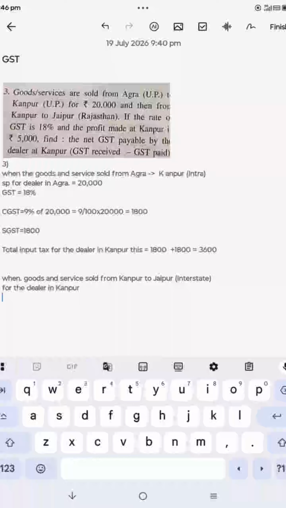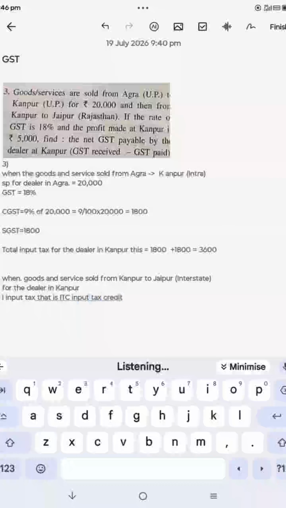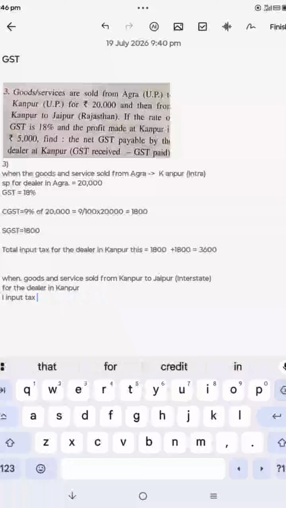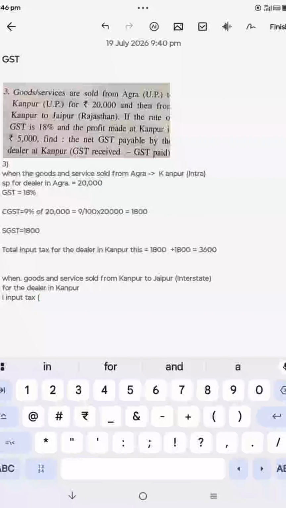Here the input tax, that is ITC, input tax credit, is equal to 1800 plus 1800, is equal to 3600.